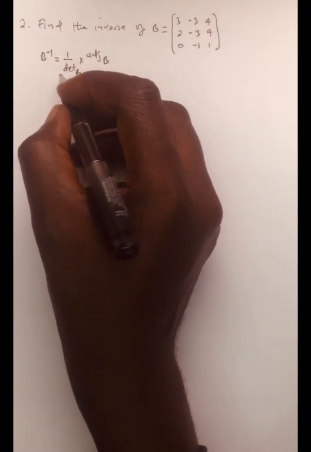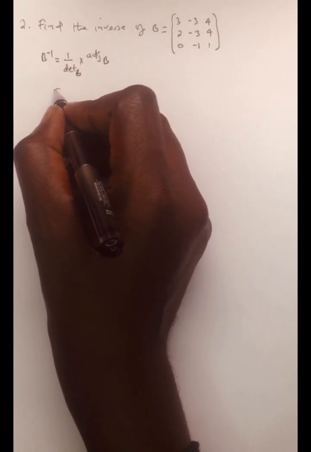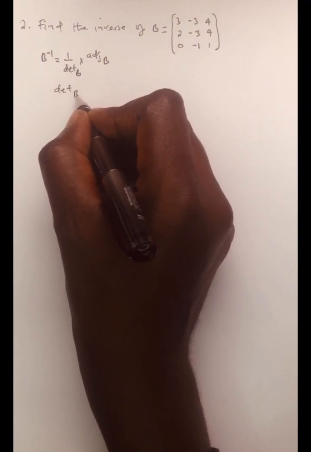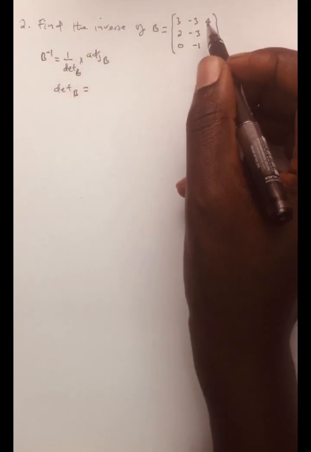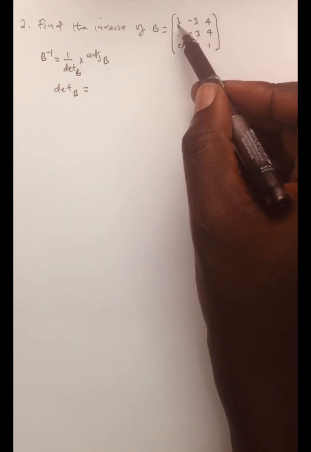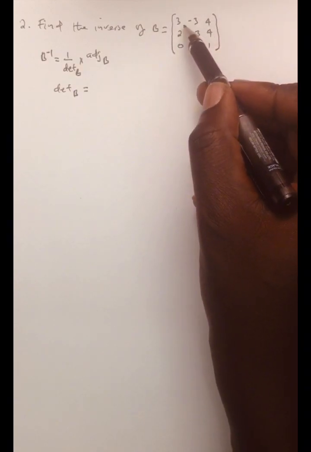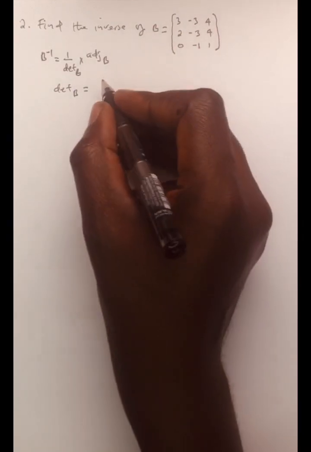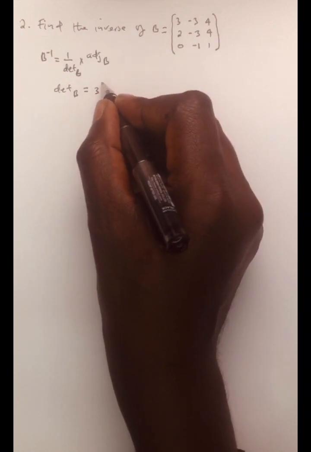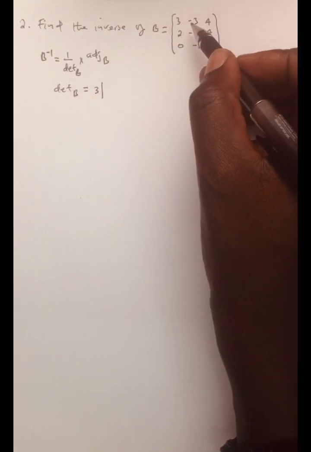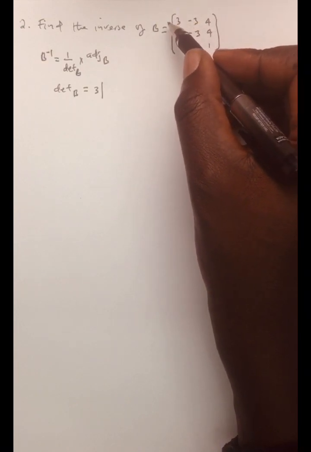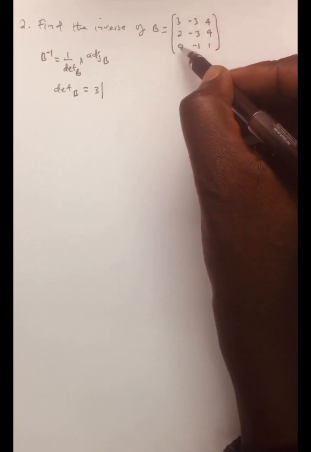So the first thing to do is just to obtain the determinant of B. So like I said before, we are just going to take the first row and look at the elements in the first row. So we take 3, then multiply that by the determinant of the small matrix that is left when you cover the row and the column of 3.